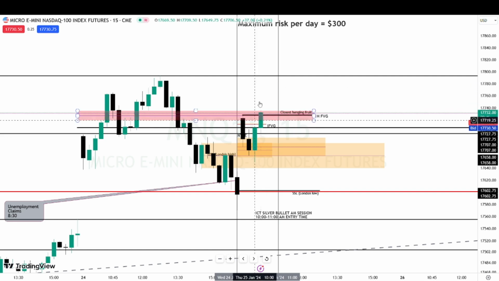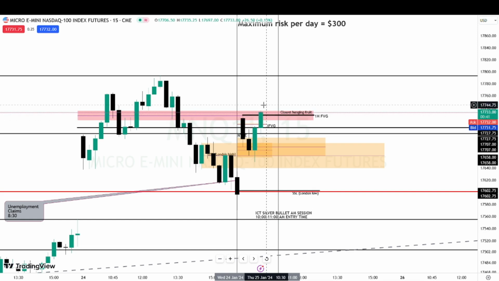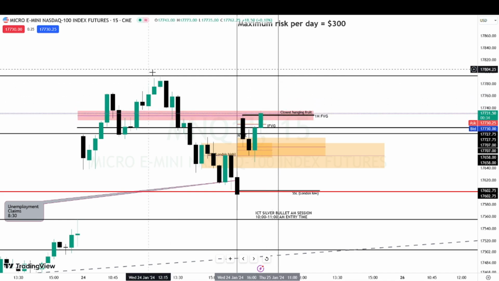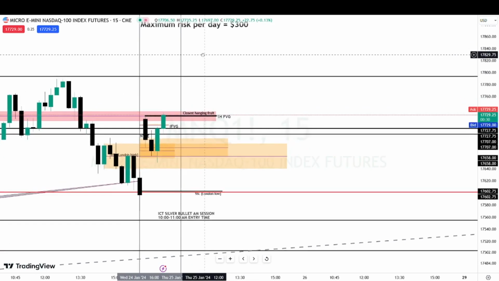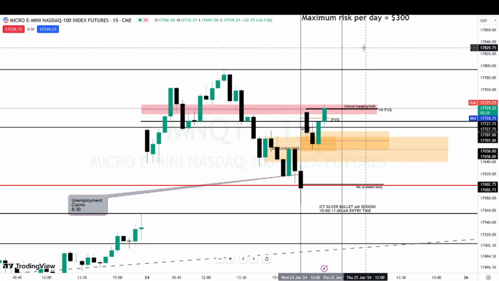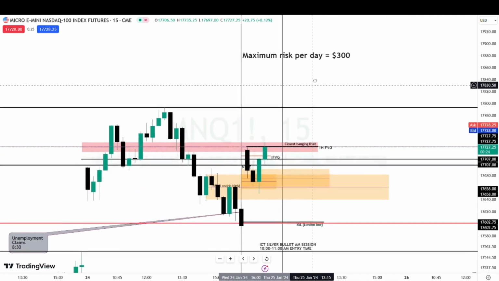I'm watching how price is reacting towards this hourly fair value gap. If we invade it, it means that we might come back for it, then go for these highs right there as a closest hanging fruit. I'm just watching what the price is doing. That's what I'm doing.